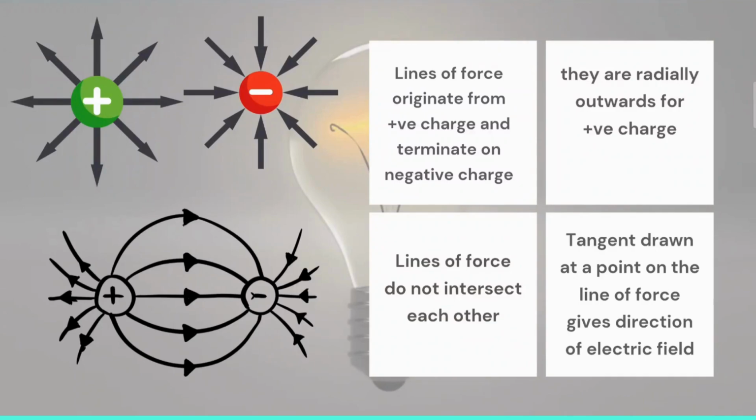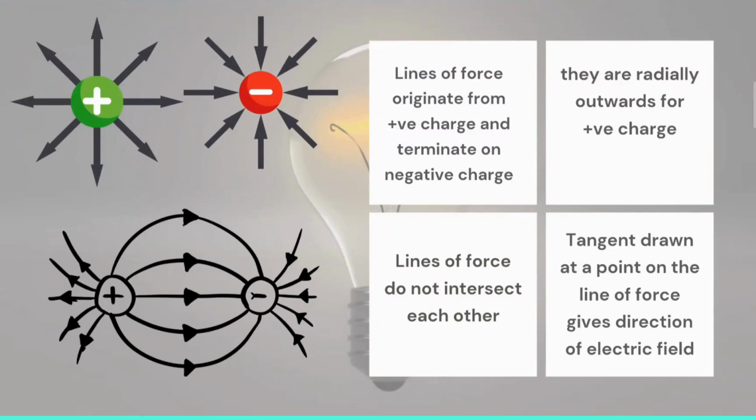For example, near this positive charge, if you place a positive test charge, it will experience a repulsive force. That means the test charge will try to move away from the positive charge.